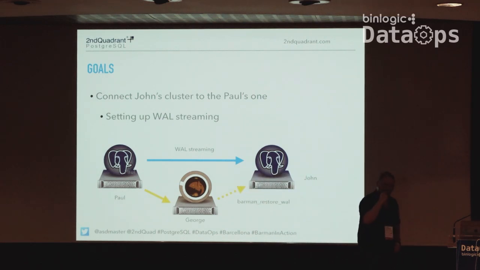Why do we keep fetching from Barman? Because if for whatever reason we lose the connection with the master, we can continue to recover and we'll always be up to speed using Barman as WAL archive, or vice versa. If you lose the connection with Barman, you always have the direct connection to the master. Obviously, the direct connection to the master is the preferred one.